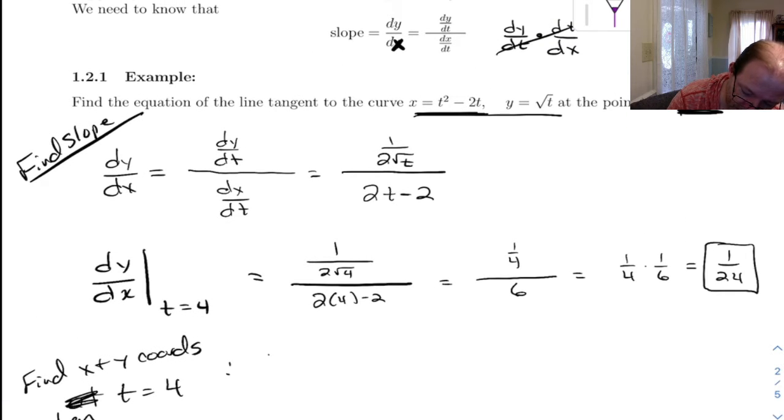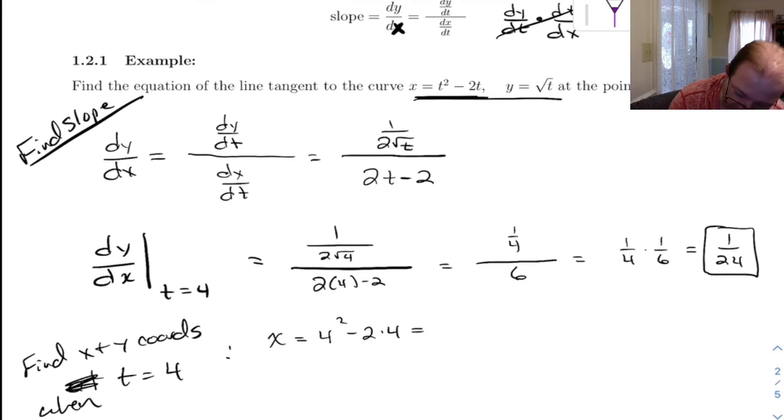To do that, x is going to be 4 squared minus 2 times 4. So that's 16 minus 8, which is 8. And y is going to be the square root of 4, which is 2. So I've got my x and y. Then we just need to plug in.